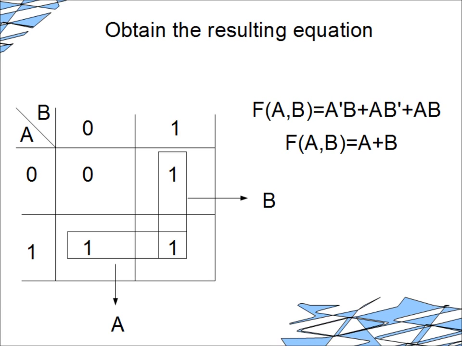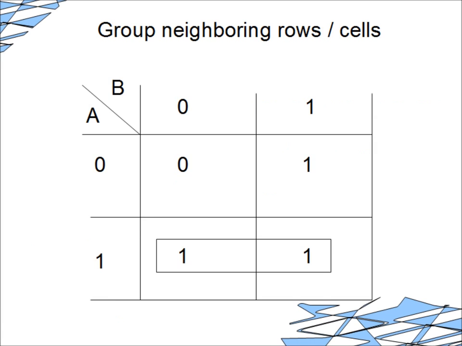So let's just go back and look at how this happened. Well, first of all, when we grouped the row of A, we eliminated a minterm. Both of these ones haven't been grouped before, so we just eliminated a minterm, and we simplified one of the terms. Every time we group an ungrouped number, we simplify.